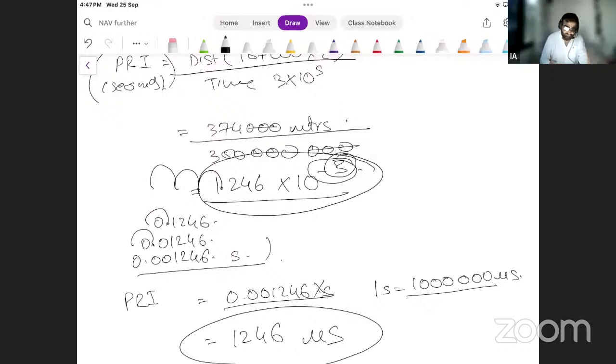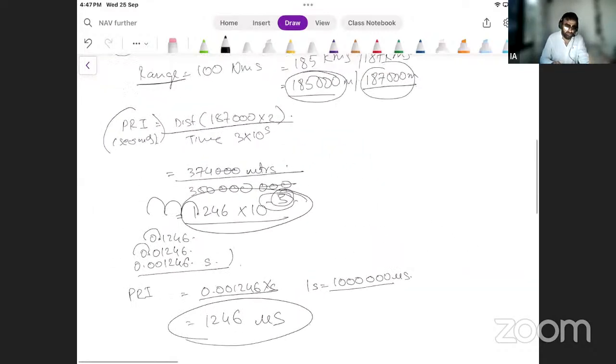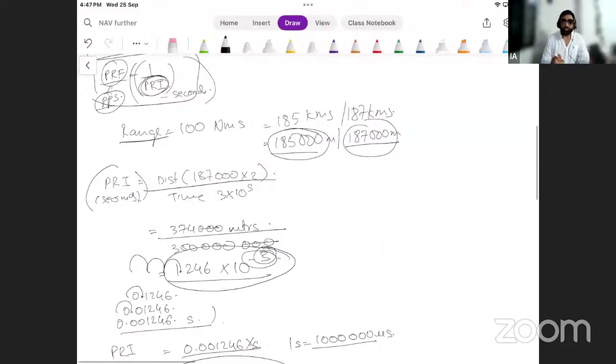So be very careful how to find PRI. PRI formula that I have, students, has seconds, and then I have to convert it into microseconds. And be careful, the scientific calci is going to give you values in 10 raised to minus 3, minus 4.